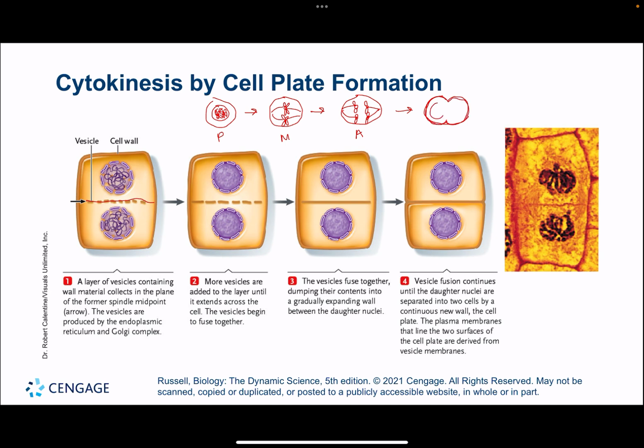At telophase, the nuclei will form again, which will contain the decondensed chromosomes or the chromatin, and then two daughter cells are produced, and then cytokinesis will follow, which will separate the two daughter cells. So that's it. That's the stages of mitosis.